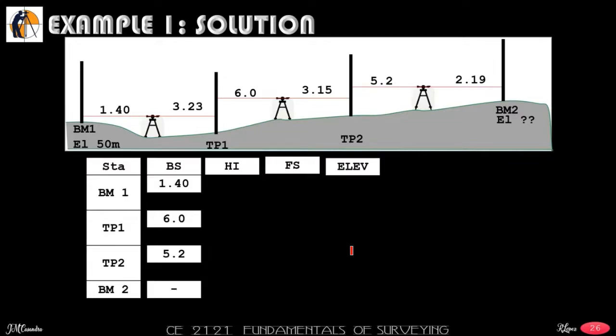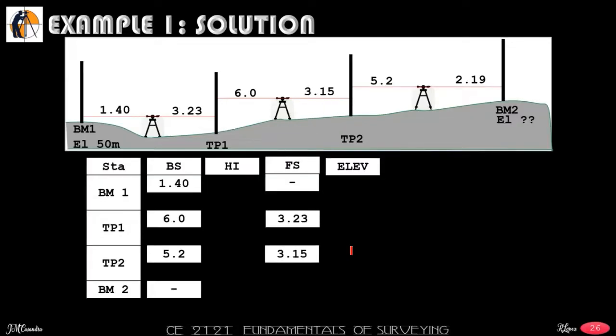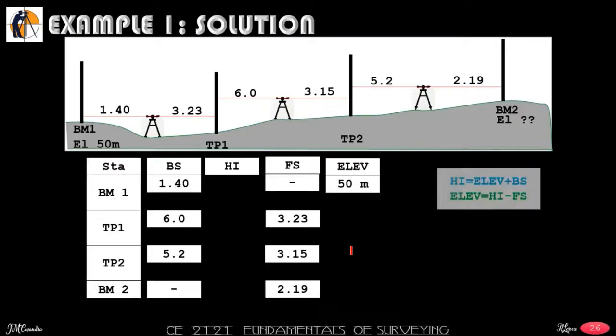So next, we have your foresights. We do not have a foresight at BM1. Foresight of TP1 is 3.23. Foresight of TP2, 3.15. Foresight of BM2 is 2.19. So once we have established the backsights and foresights for each station, we now compute for your height of instrument and your elevation.